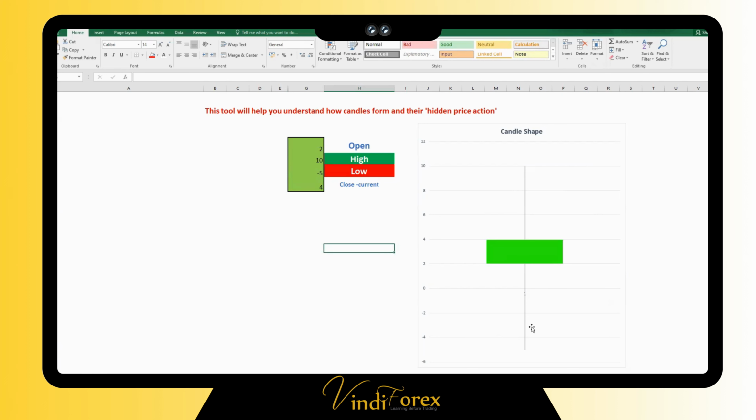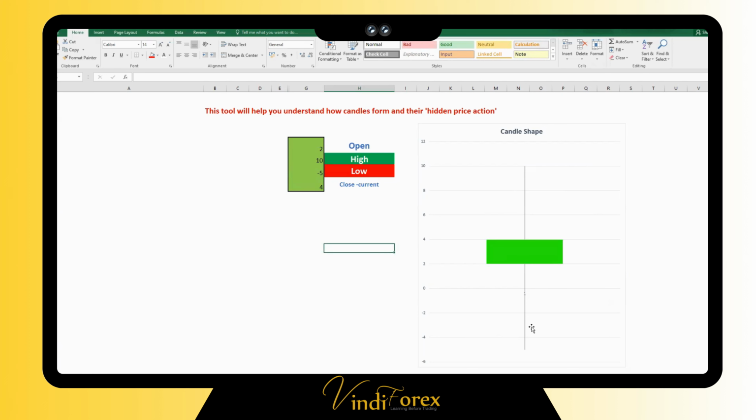For sure, you should be able to read a strong signal and a weak signal. By just looking at it, there's no need for you to actually dial numbers. You can see there's a wick there, there's a wick here, the body is in the middle, right? Our formula said that if body is not 0 and the wick is not 0, you calculate how much of a wick is there, how much of a body is there, right?